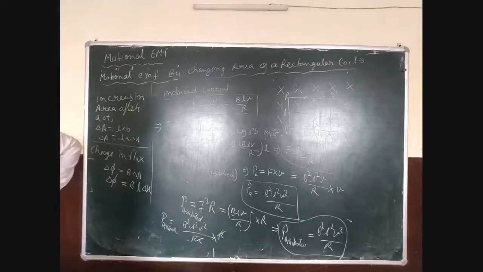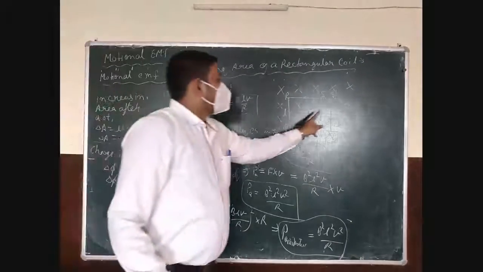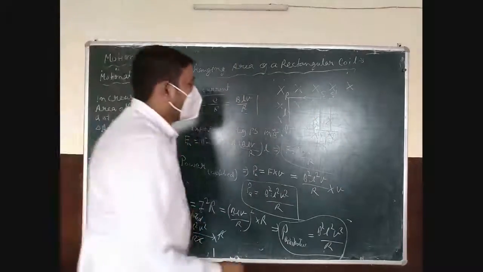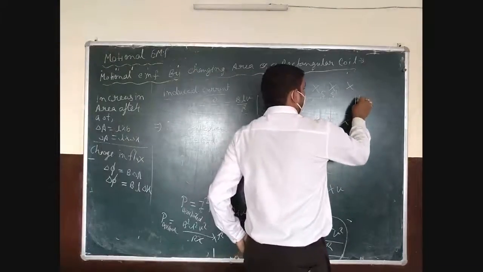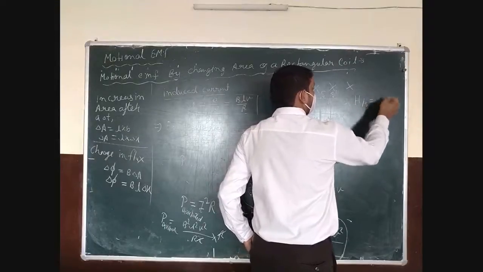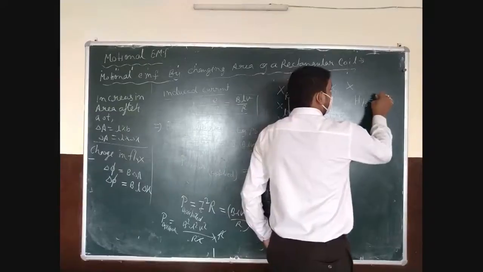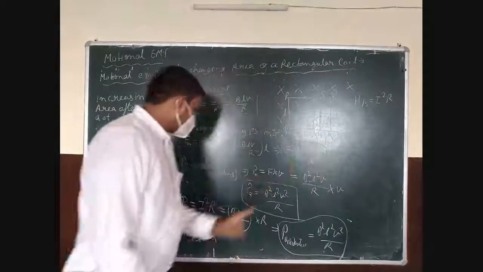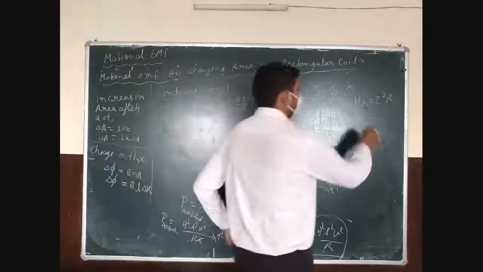Done. Now, how much energy is developed when the rod PS is moving in the magnetic field? So, energy developed per second, heat energy per second, is equal to I square R only, and this I square R is equal to this one.